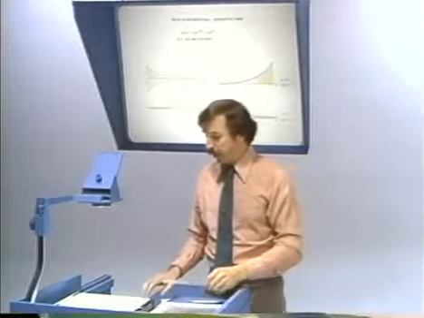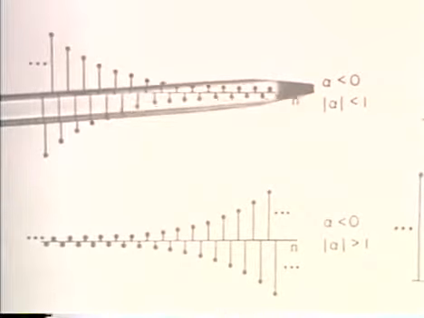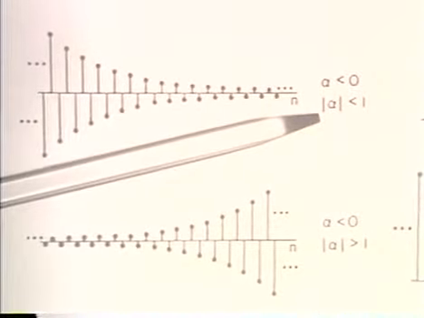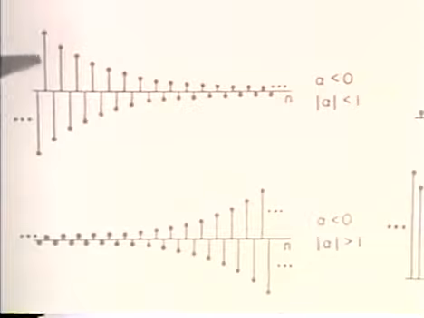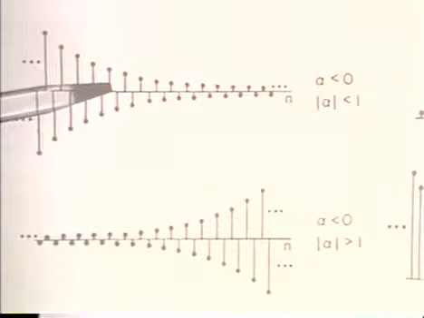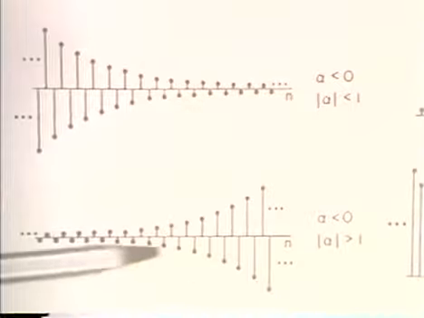So, for example, here we have alpha negative, with its magnitude less than 1, and you can see that, again, its envelope decays geometrically, and the values alternate in sign. And here we have the magnitude of alpha greater than 1 with alpha negative. Again, they alternate in sign, and of course, it's growing geometrically.